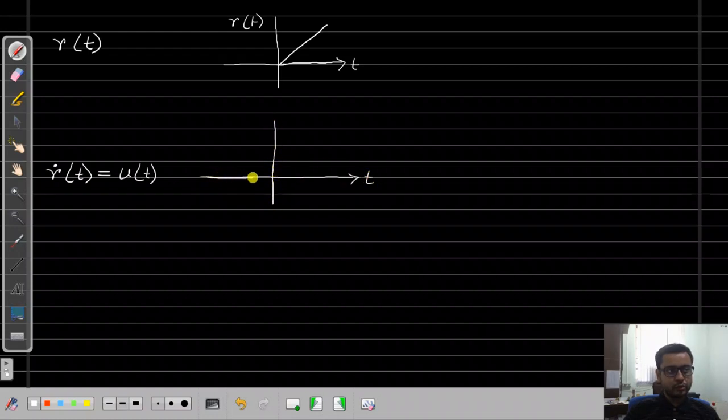It is 0 before time equal to 0 and after that it is 1. If you take another derivative, which is r double dot t, that means the first derivative of u(t), that is the same as delta t, the unit impulse function, which looks like this.